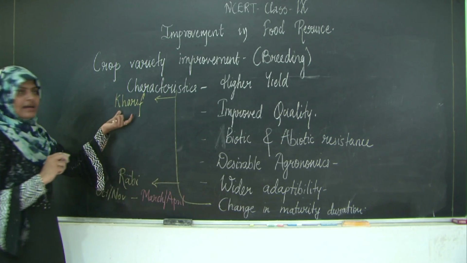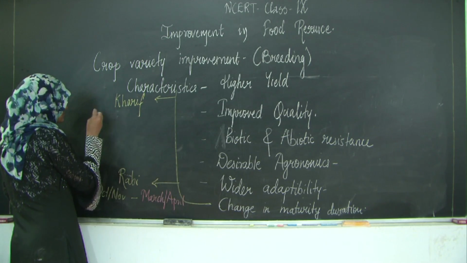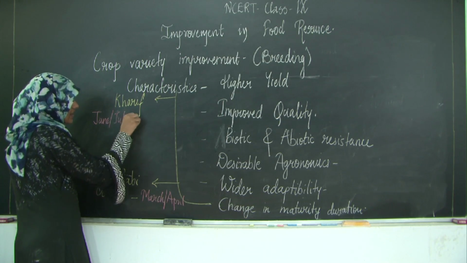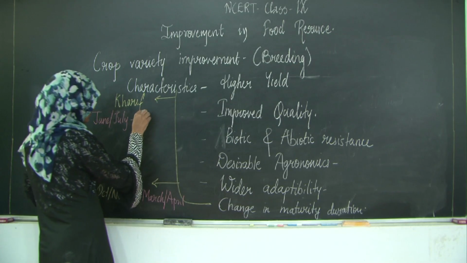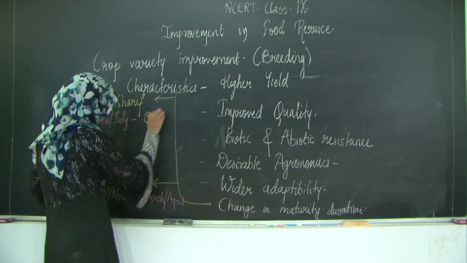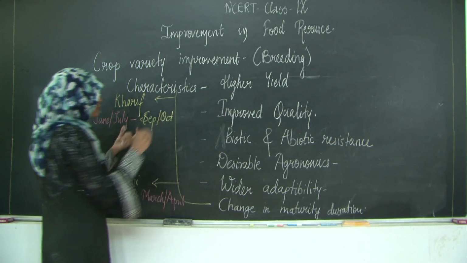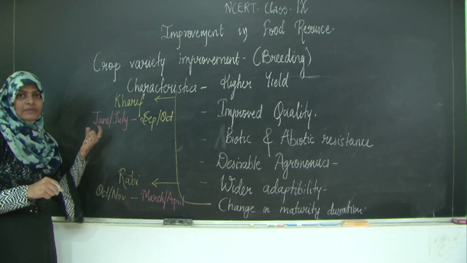And Kharif crops are ones which are grown in June, July and harvested in September or October. Now if you see the harvesting and the growing time, it is very long.